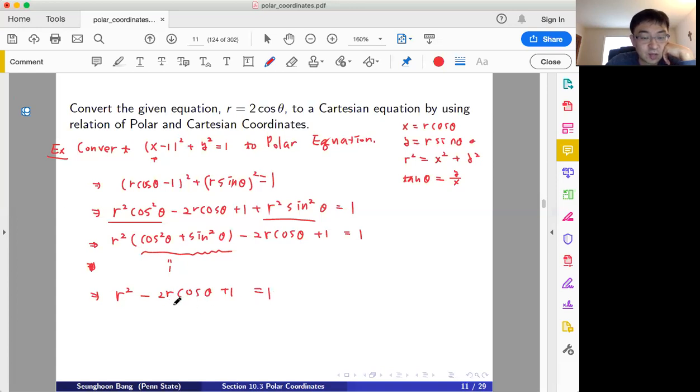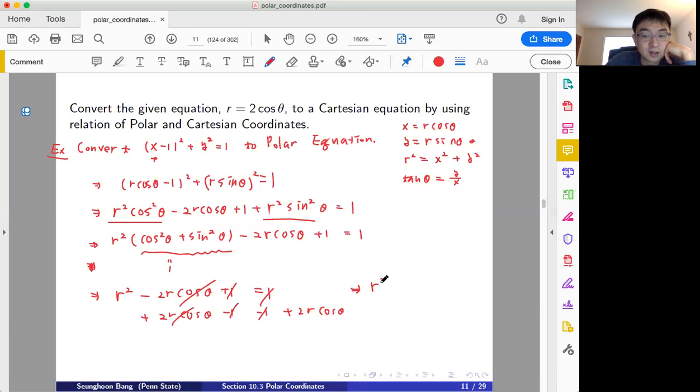You have to move negative 2R cosine theta to the other side, so you add 2R cosine theta to both sides. You can subtract 1 from both sides. Cancelled, cancelled. So what's that?